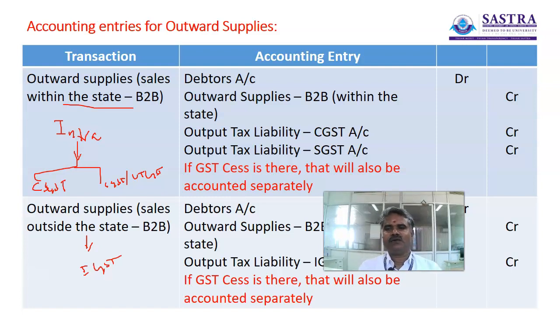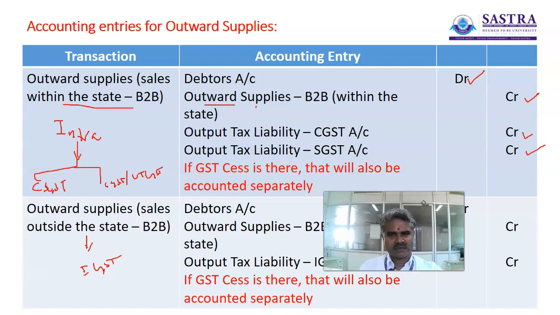So, outward supplies, sales within the state: debtors account. Debtors means customers, the persons who bought goods from you. Debtors to outward supplies. Here it is outward supplies, not outward suppliers.